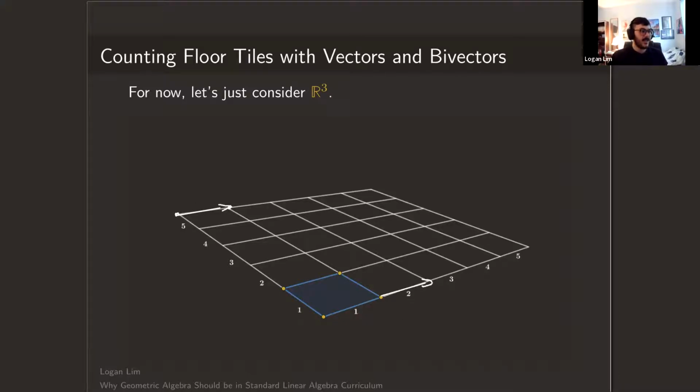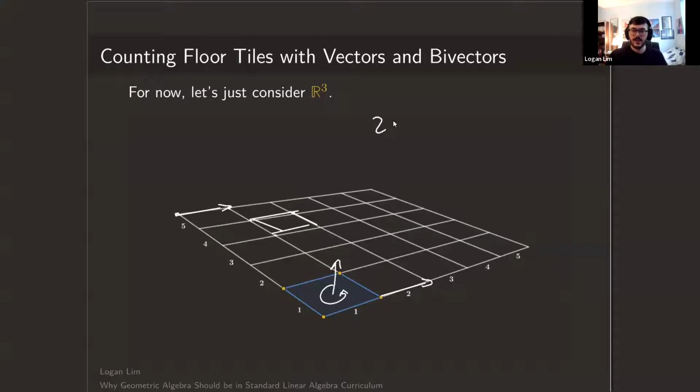In the same way, this oriented area right here, let's say because we're looking at it from down, that's the upper side of it. It's oriented in this direction. This would be the same bivector as this, since these are the same area, they have the same orientation, and they represent the same plane.